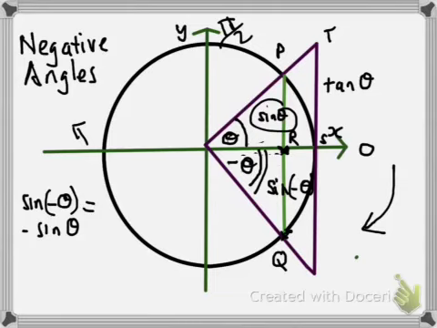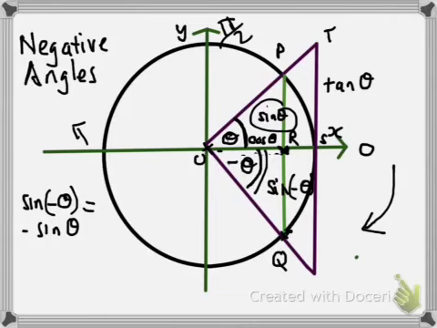Now you might notice our value for cosine, which I haven't marked in, which is just here, cosine theta there. So that's from the origin there across to R. That's the same for the triangle involving theta as it is for the triangle involving negative theta.